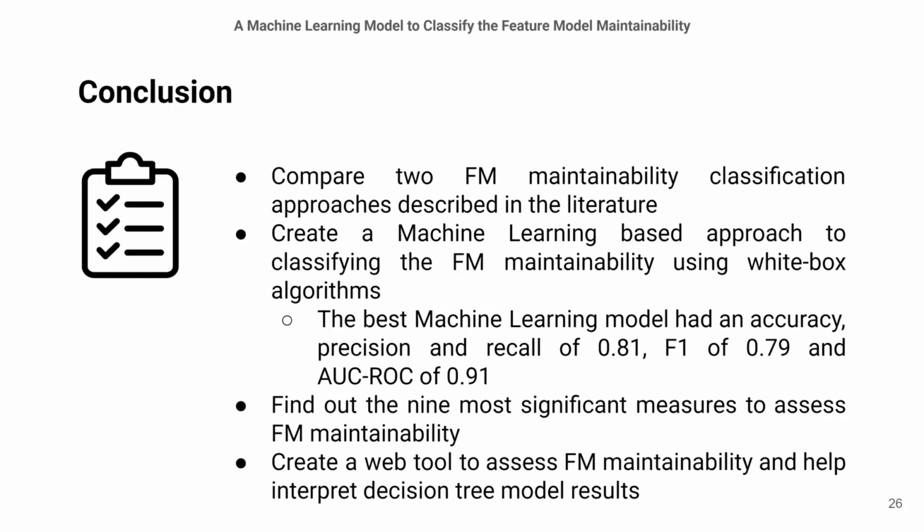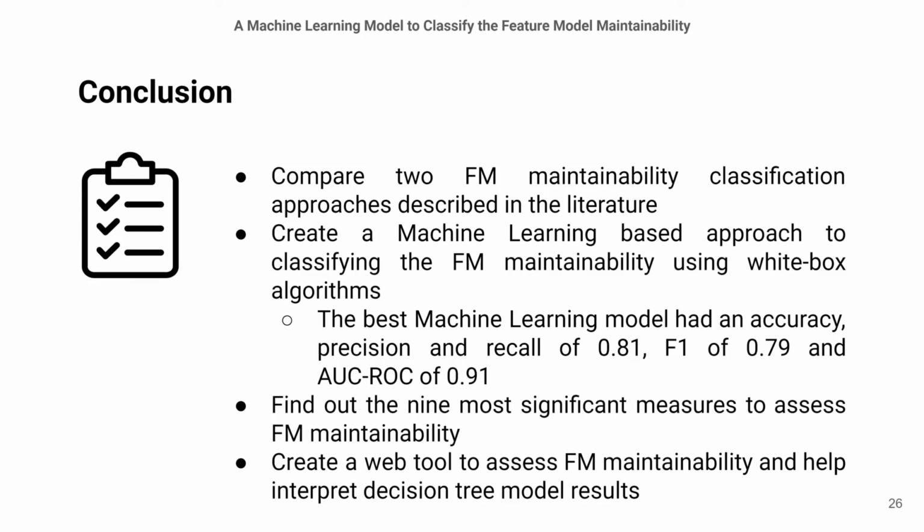Among the main contributions of this work, we highlight the following. Compared to the feature model maintainability classification approaches described in the literature, we created a machine learning based approach to classify feature model maintainability using white box algorithms.